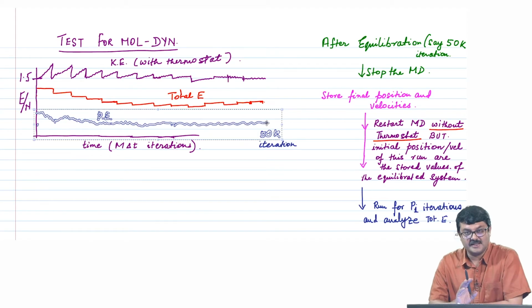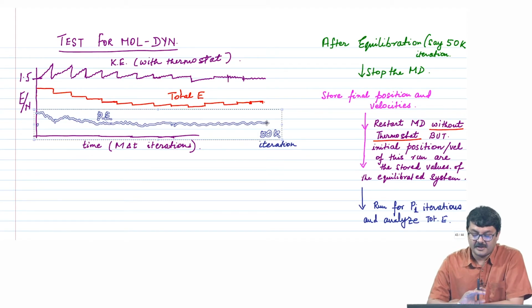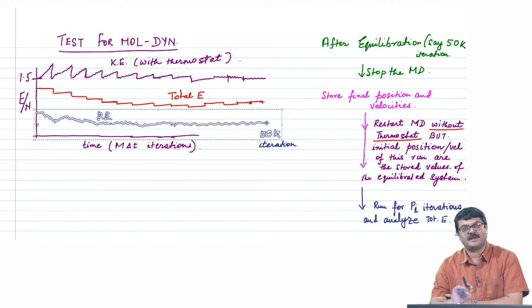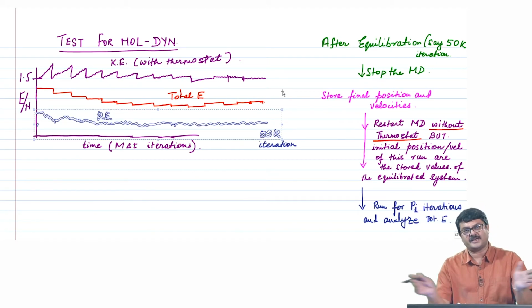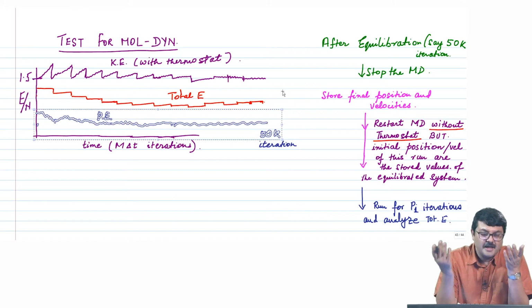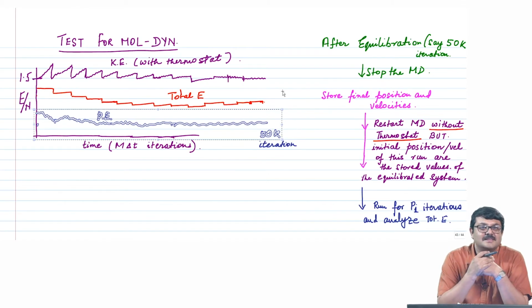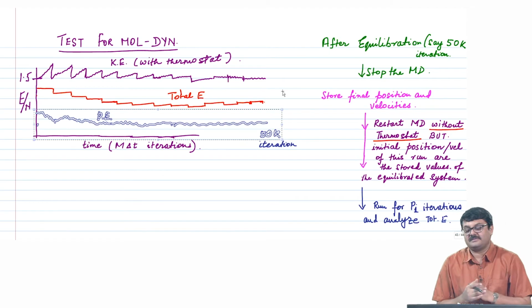So, that is how you identify equilibrium, right, that the kinetic energy, the potential energy and the total energy are fluctuating about an average value, and after this point you can calculate that average value and calculate the statistical equilibrium energy, the potential energy, the kinetic energy at that temperature after it has reached equilibrium.